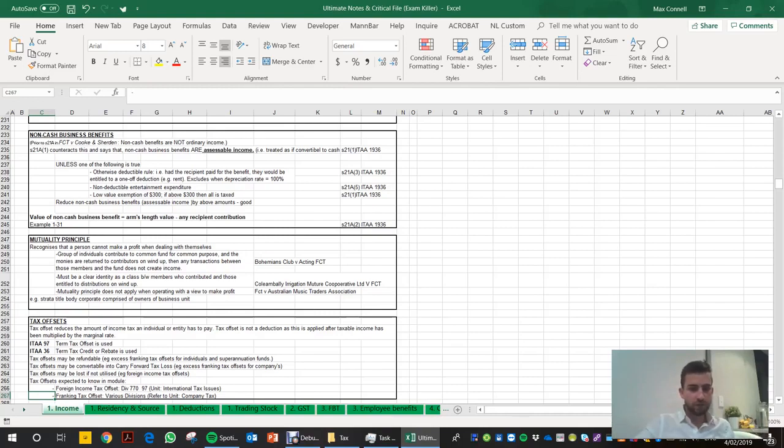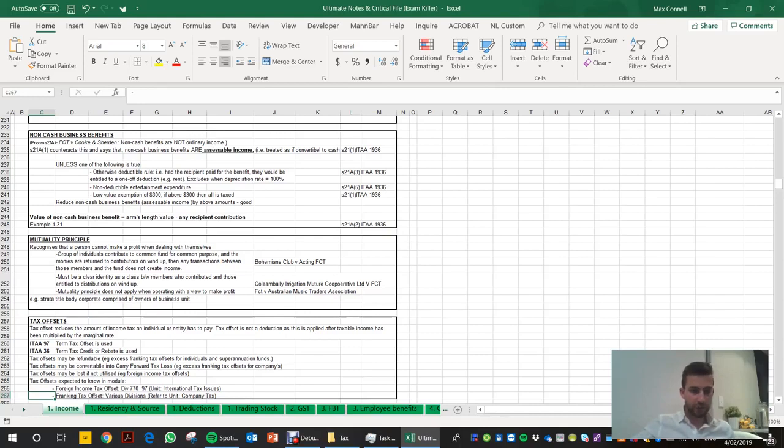Let me give you some examples. A body corporate, or a club. A club is made up of members. It's not a separate legal entity, but it is made up of members. So if members earn money from themselves, it cannot be income under this rule.